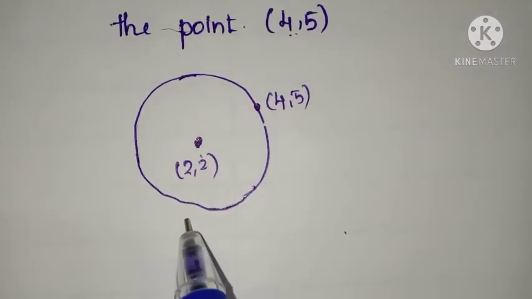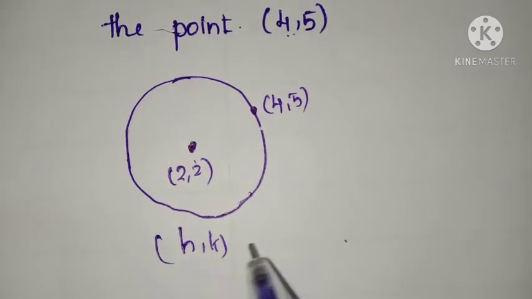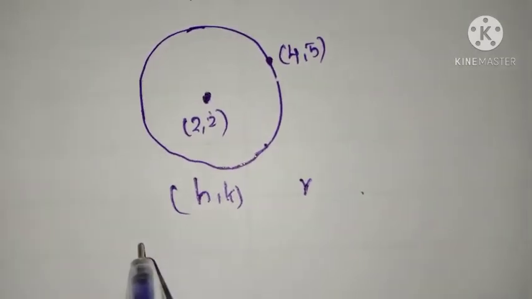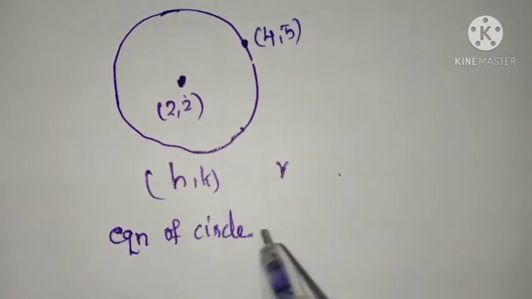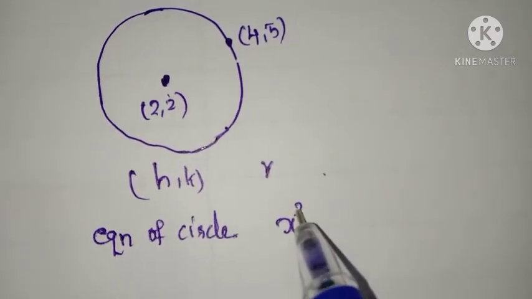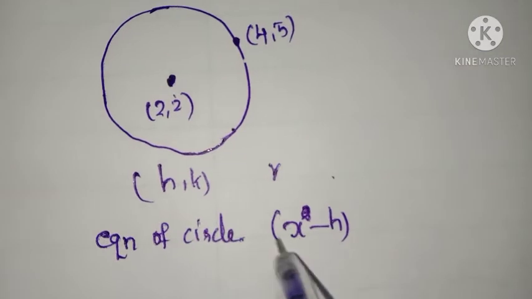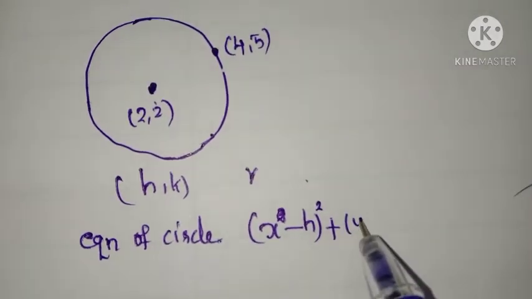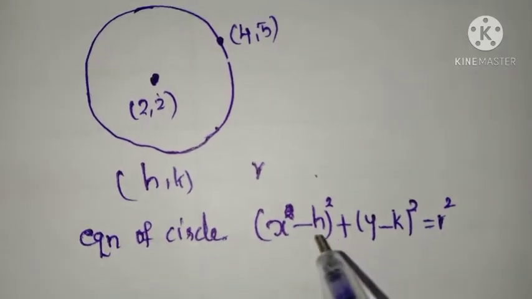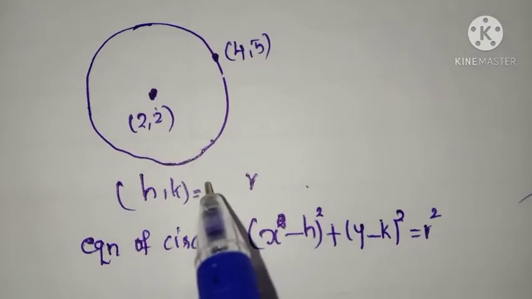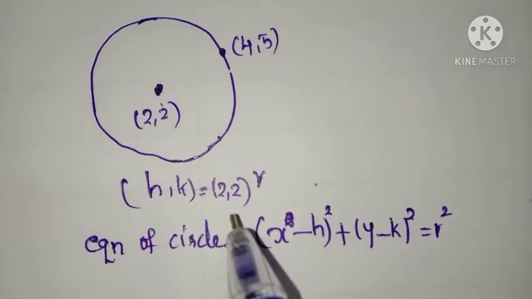If the center is (h, k) and the radius is r, then the equation of the circle is (x - h)² + (y - k)² = r². Here (h, k) is the center, given as (2, 2).